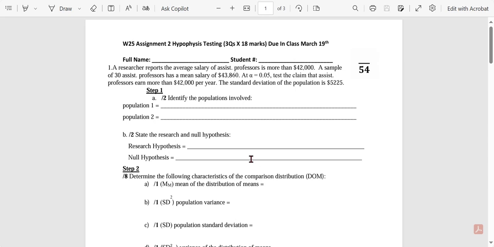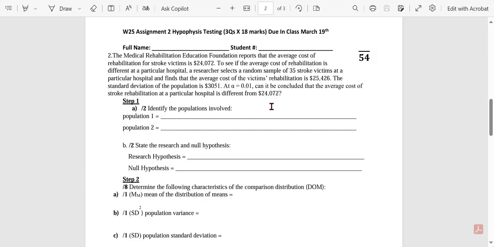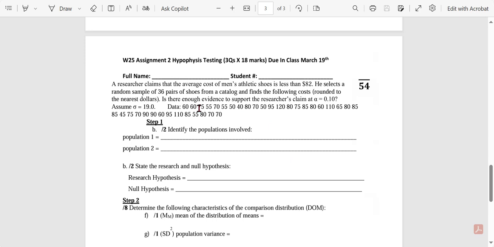There are 3 questions: one is a difference, one is higher, and one is lower. As well, you've got a 95%, a 99%, and a 90%.